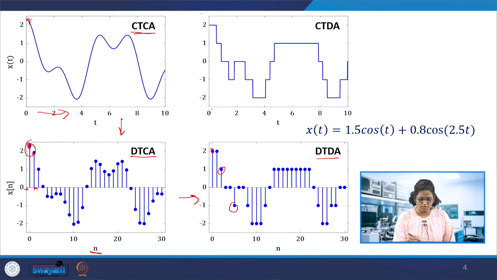The value will be held during the reconstruction process. So you can see that this is the outcome of the continuous in time and discrete in amplitude. And it is kept on hold, in the reconstruction process, we get this type of signal. So this is continuous in time and discrete in amplitude. So 4 categories we can have in the signal itself during the sampling and the process.